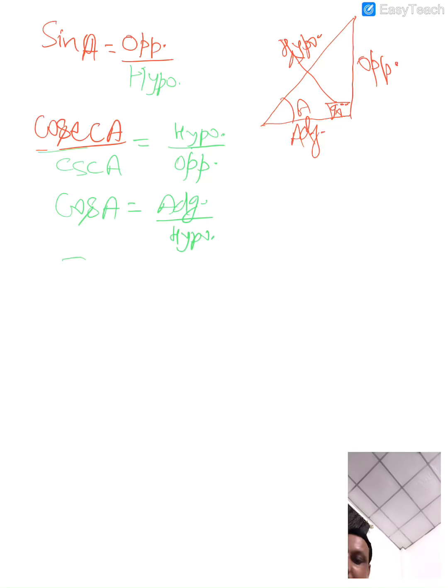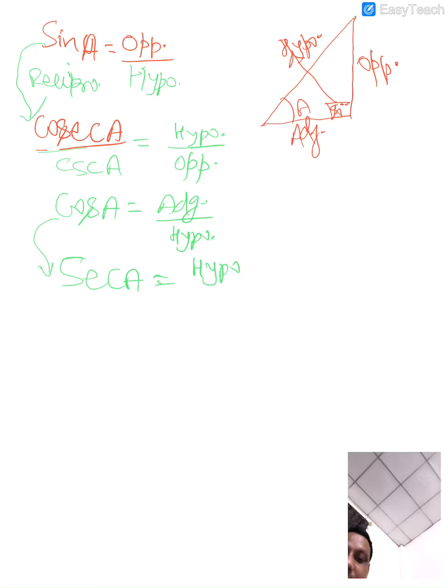Then the third thing: what is the reciprocal of this cos? This is the reciprocal of sine, is called cosec. Then what is the reciprocal of cos? It is called sec A, which is equal to hypotenuse over adjacent.